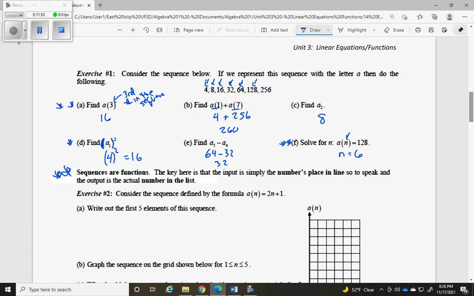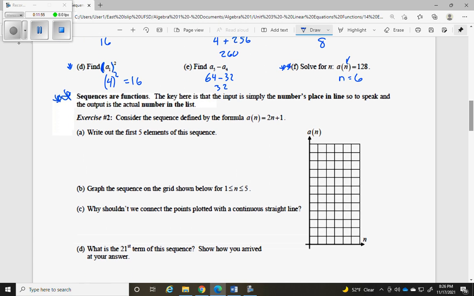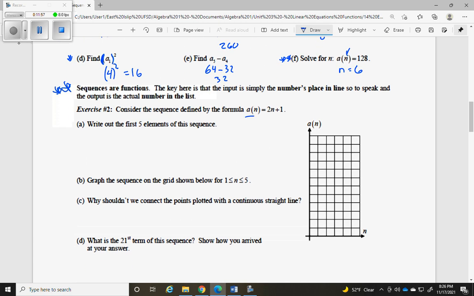Let's take a look at exercise 2. So they give me a formula. I'm hoping this already is looking kind of familiar. It reminds me of y equals mx plus b. Doesn't it look like that? Right? So my rate of change or my slope is 2.